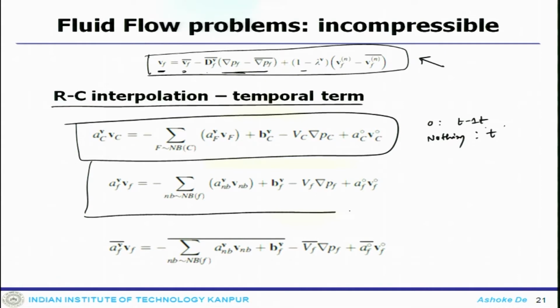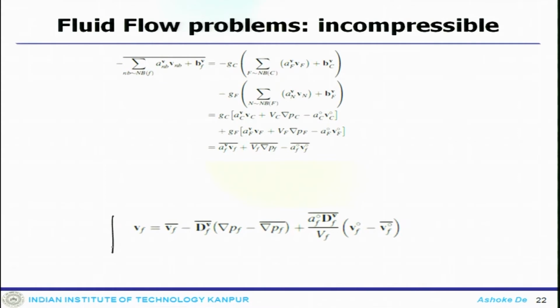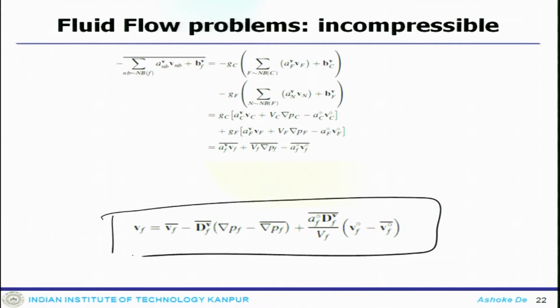Then you write at the face, this is the modified form, and the face value can be averaged like that. Once you expand this, finally you get this important calculation for the transient term, showing how the face value can be treated, and in that case you get the face value minus this and you use these things.